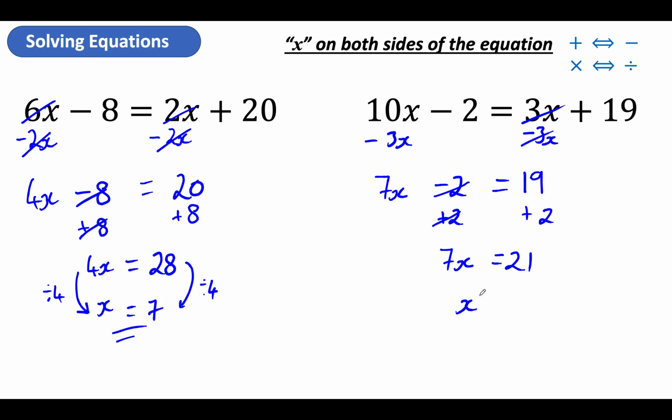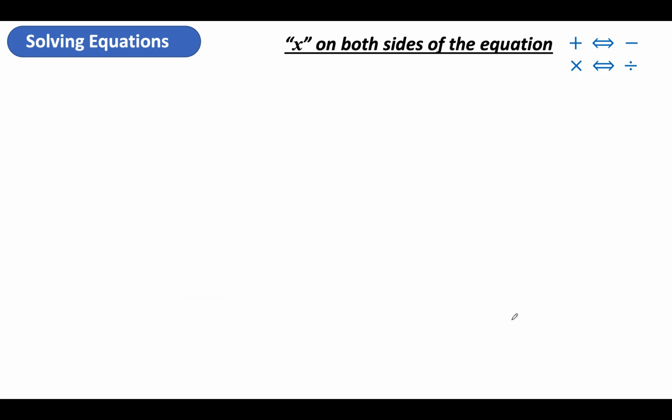And we know if we've got a number touching a letter, to get rid of it, we divide by that number. I don't want 7 x's, I only want one of them. So I divide what that equals by 7 as well. x equals 21.